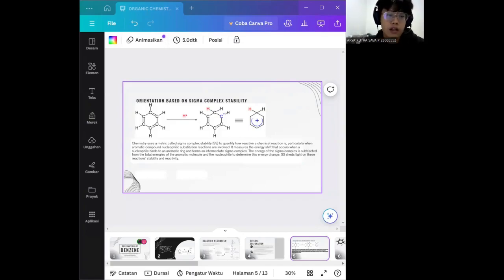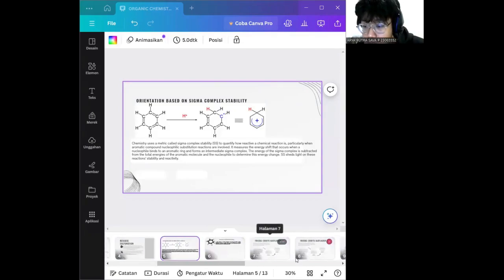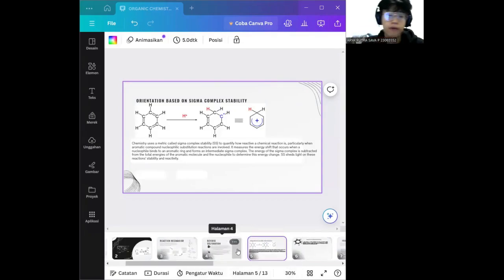Next is Friedel-Crafts alkylation, one of the practical examples. The first example was the nitration of benzene, and the second is Friedel-Crafts alkylation. In both examples, the orientation of substituents on the aromatic ring can be influenced by the stability of the sigma complex.